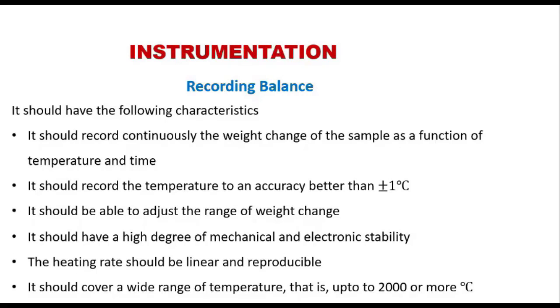And it should have a high degree of mechanical and electronic stability. The heating rate should be linear. Linear means it should be a steady rate and it should be reproducible, so every time you do the measurement, it should be the same heating rate, and it should cover a wide range of temperature, up to 2000 or more degrees centigrade. So these are some characteristics that it should have.